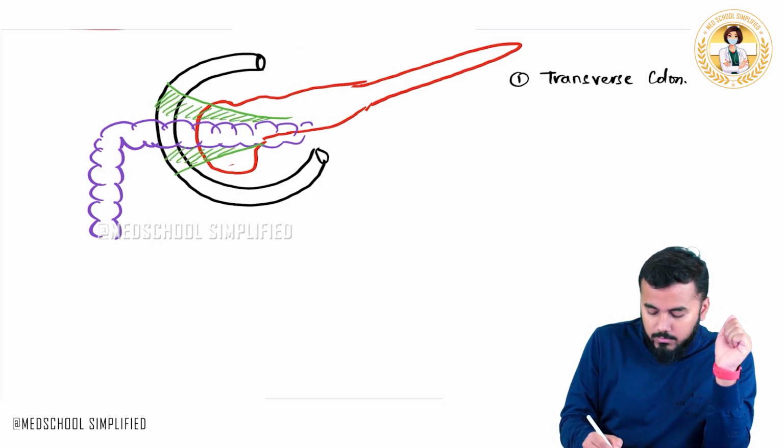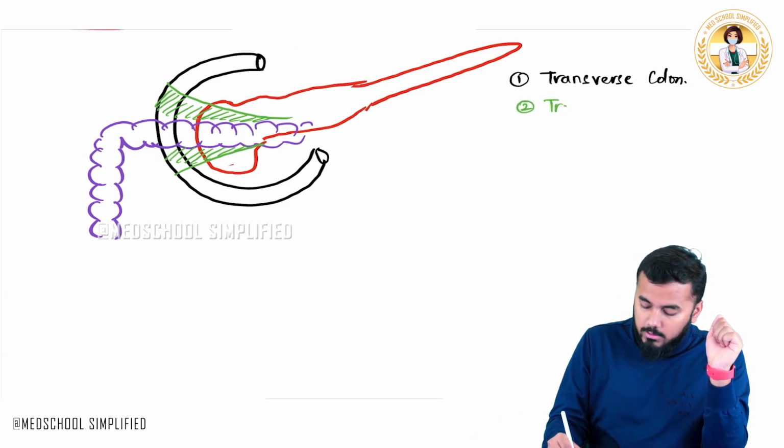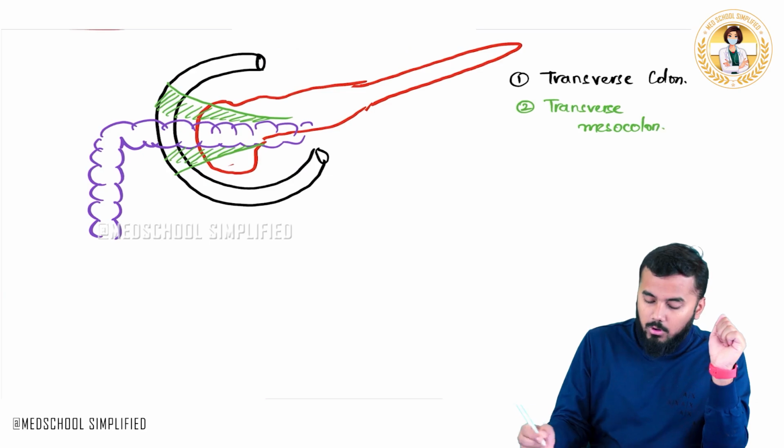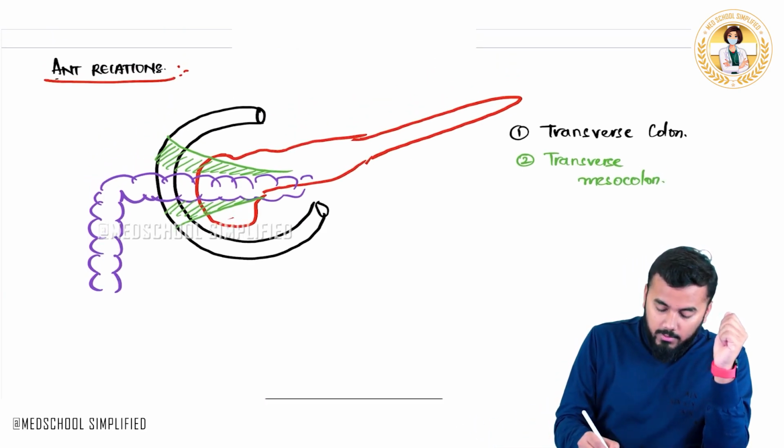That is called the transverse mesocolon. So the second important thing is the transverse mesocolon.